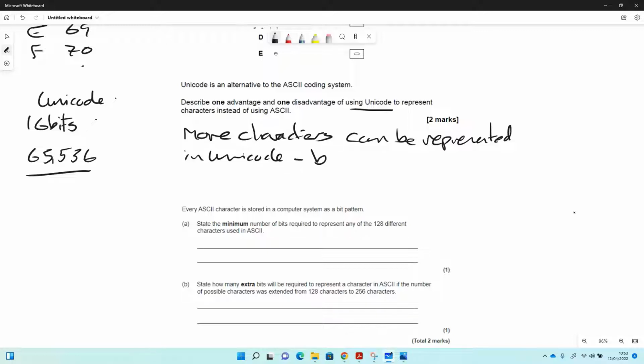And we could say because it uses more bits per character.